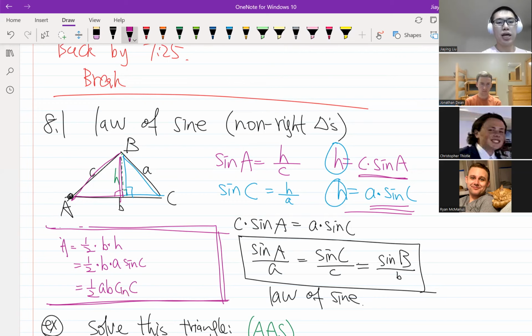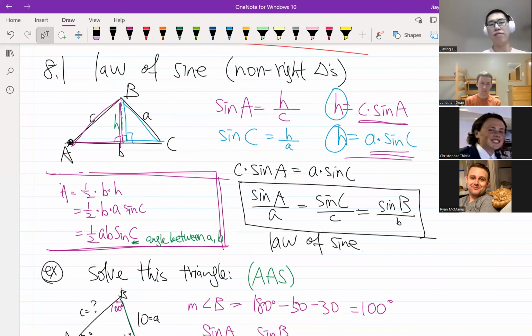Now, the angle C is always the angle between the two sides, a and b. So C here is the angle between the two known sides, a and b.